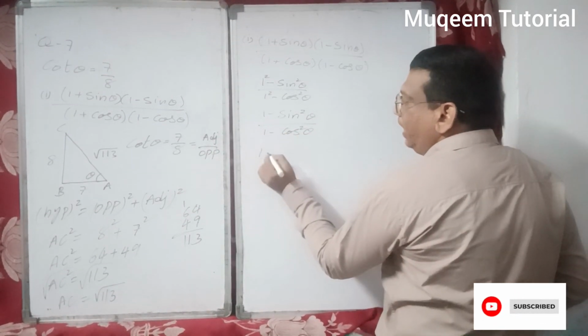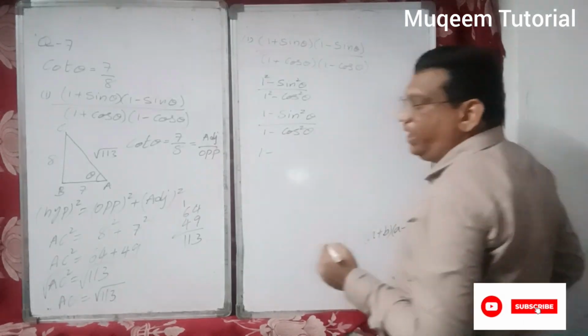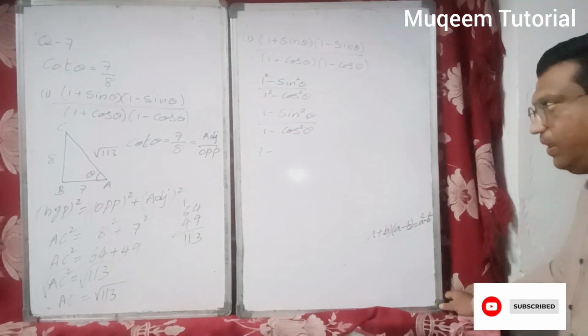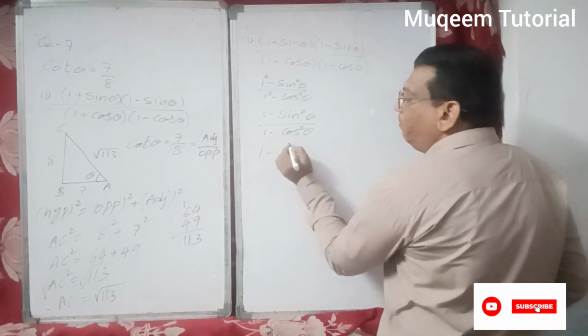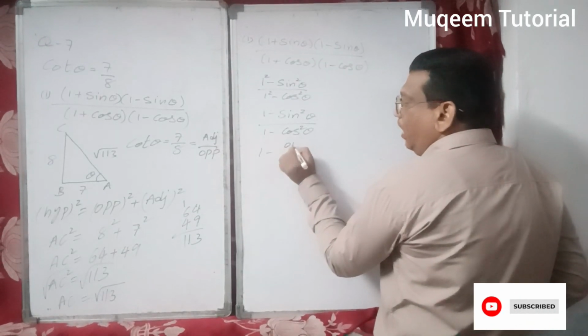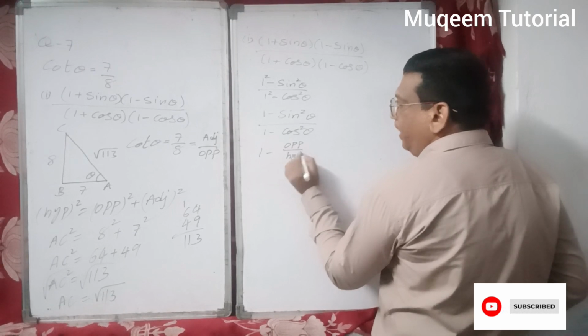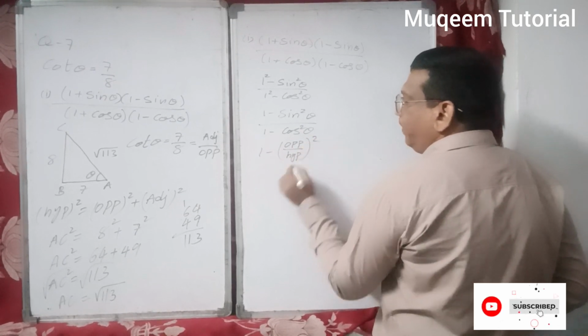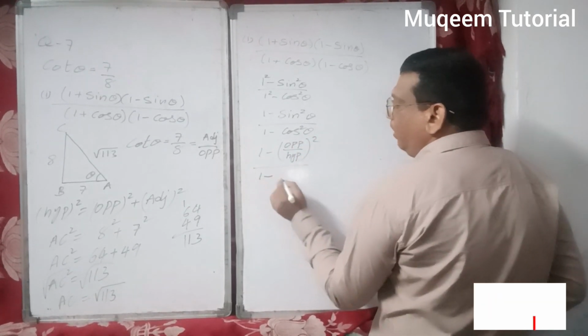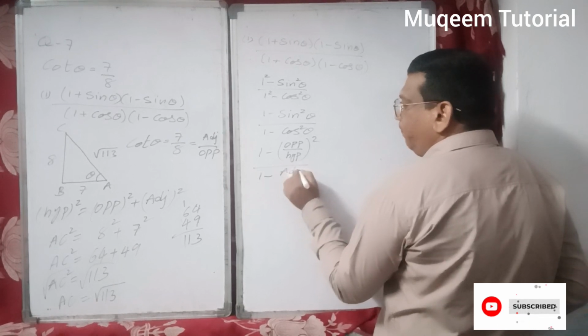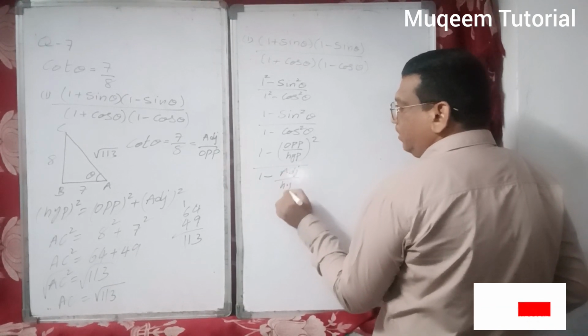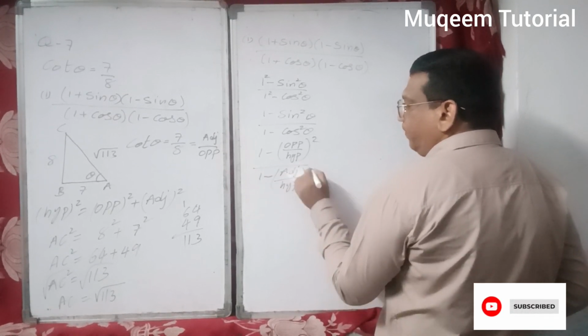So 1 minus sine square theta. Already we know sine means opposite by hypotenuse, so opposite by hypotenuse whole square. And cos means adjacent by hypotenuse square.